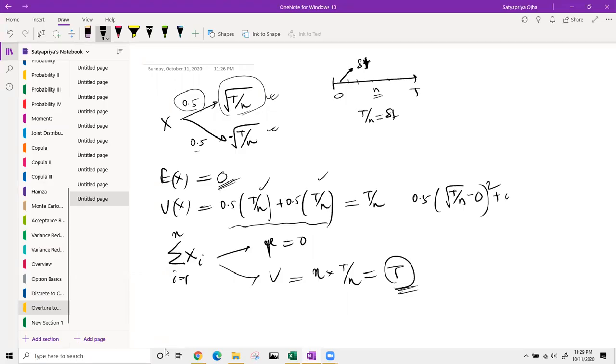This is the variance, correct? So this leads to t by n. And when you do n times t by n, this is t. This is what I wanted. Okay, all right. Any other question?